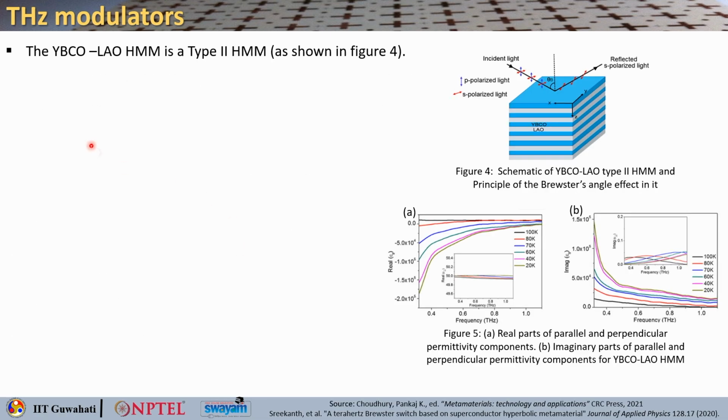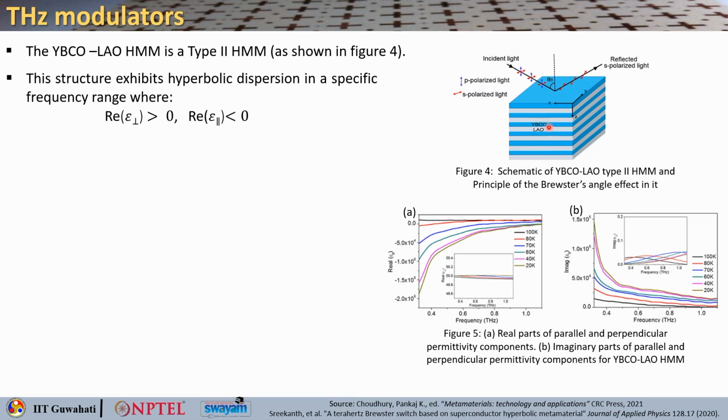The YBCO, that is yttrium barium copper oxide, and LAO, that is lanthanum aluminate, hyperbolic metamaterial is basically a type 2 hyperbolic metamaterial, which is shown here. This structure exhibits hyperbolic dispersion in a specific frequency range.